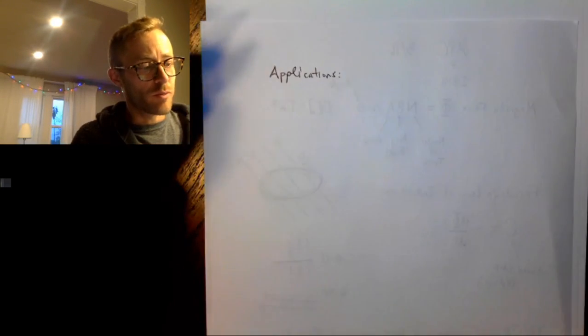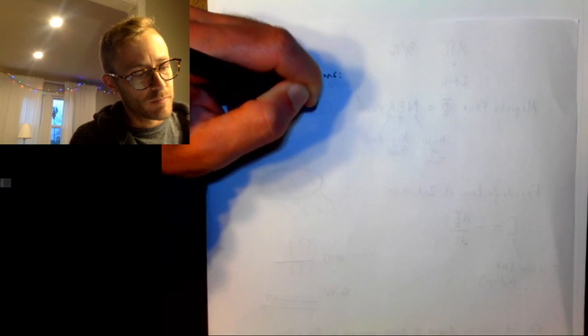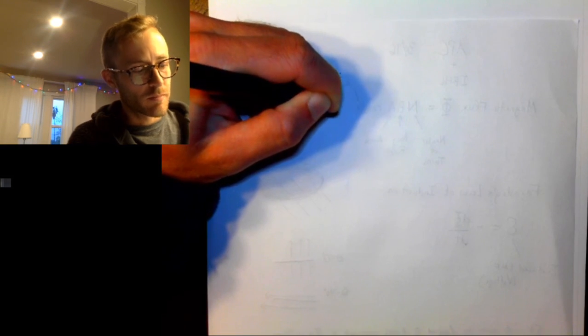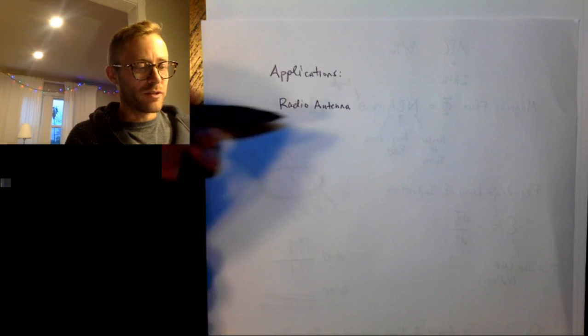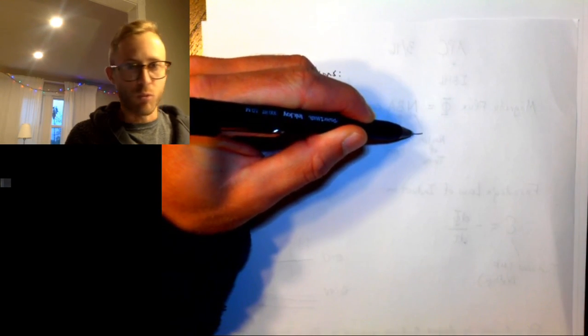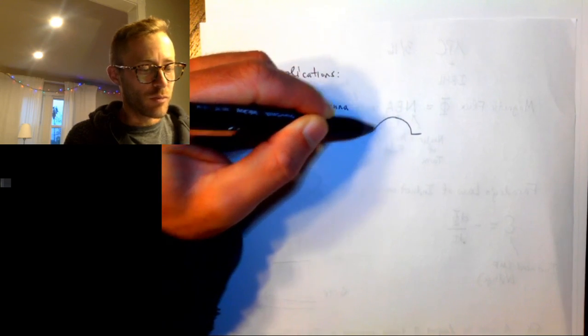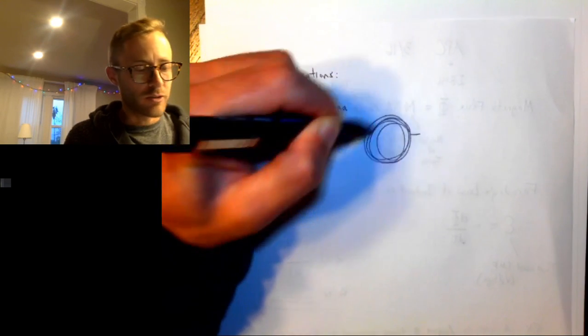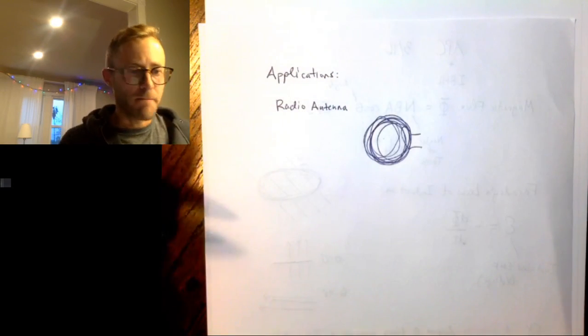One application would be a radio antenna. One example of a radio antenna is it could be just a loop of wire, lots of loops, and it goes out like this, okay?